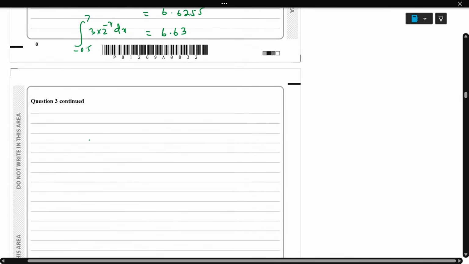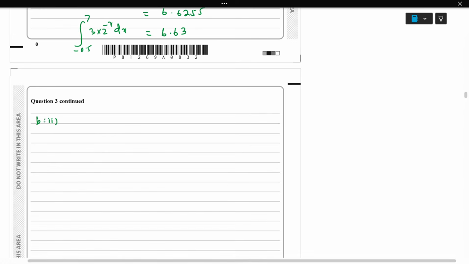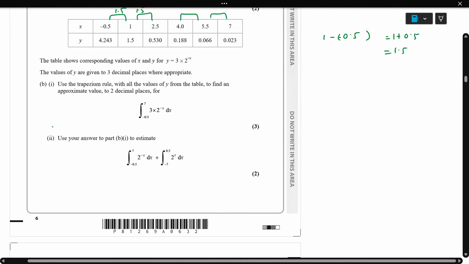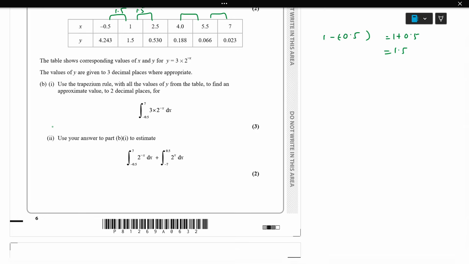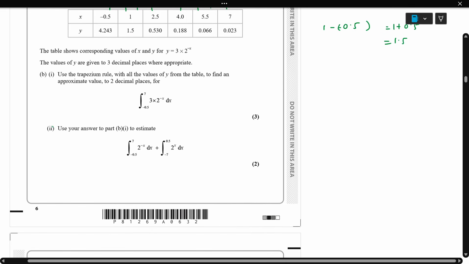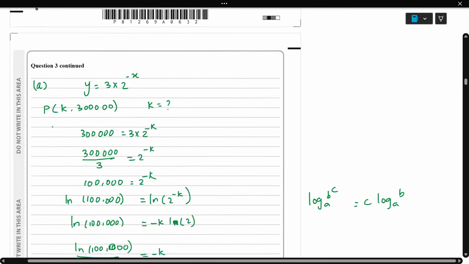Next, B part 2. Use your answer from part 1.